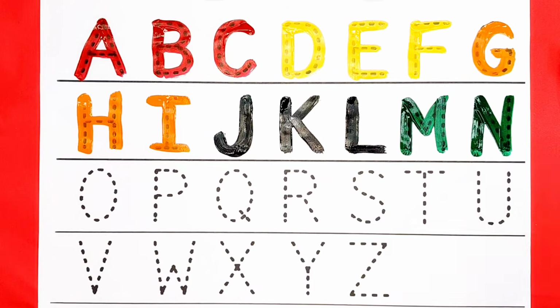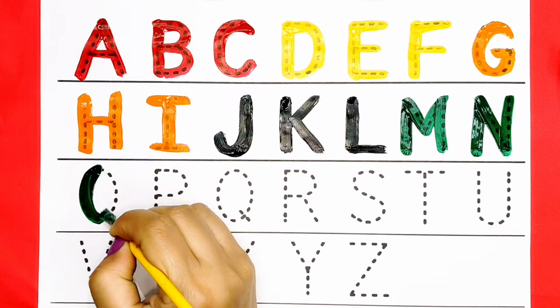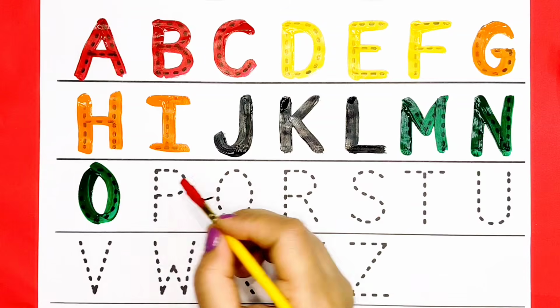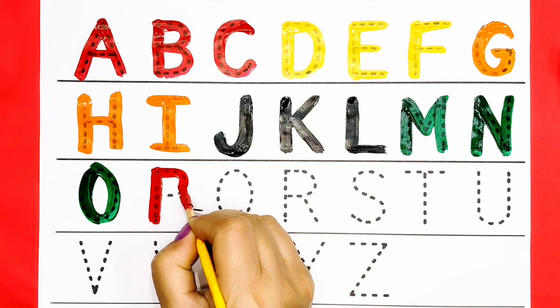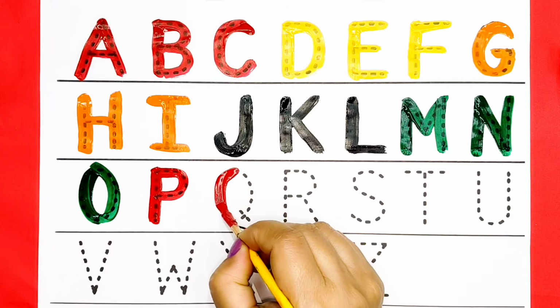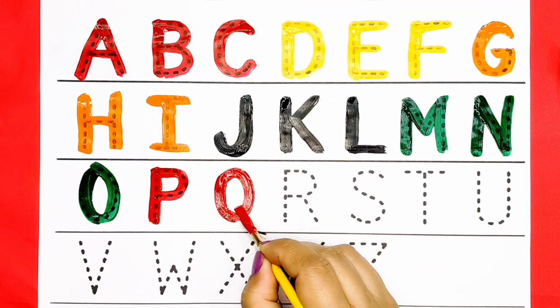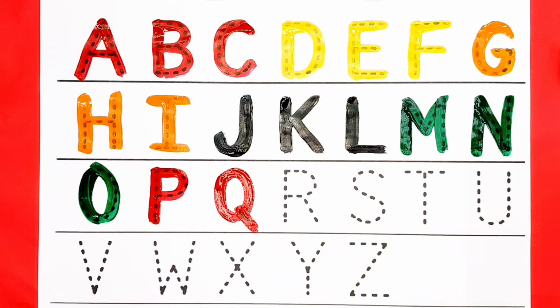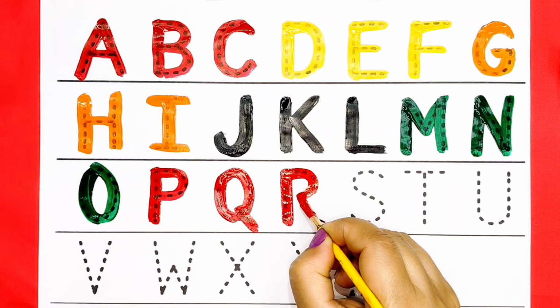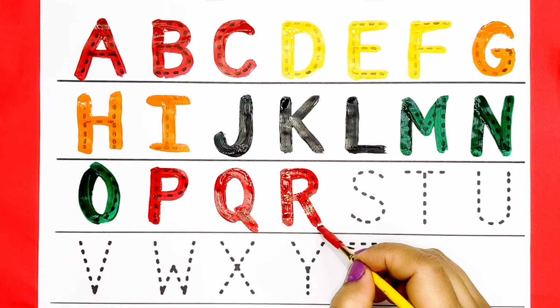N for nose. O for orange. Red color. P for pencil. Q for queen. R for rabbit.